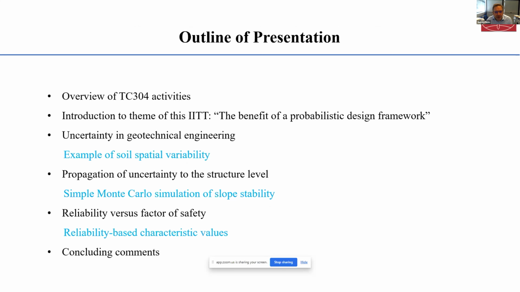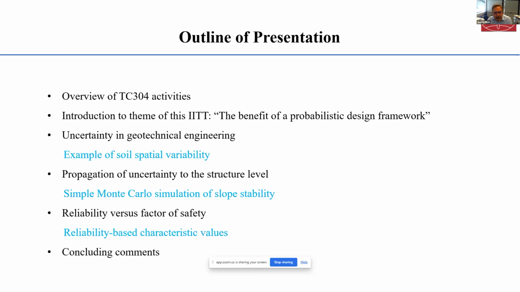So this is the outline of my own presentation. I'm going to start off by giving an overview of TC304 and its activities. And then I'll introduce the theme of this technical talk, the benefit of a probabilistic design framework. I'm going to talk a little bit about uncertainty in geotechnical engineering, and give the example of soil spatial variability as one particular source of uncertainty in geotechnics.